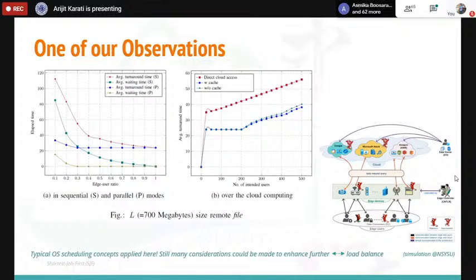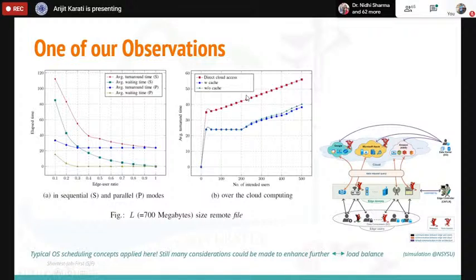In both situations we have provided proper security. We have seen that in both sequential and parallel mode, using edge devices we can get the data much more easily. We have achieved low latency.